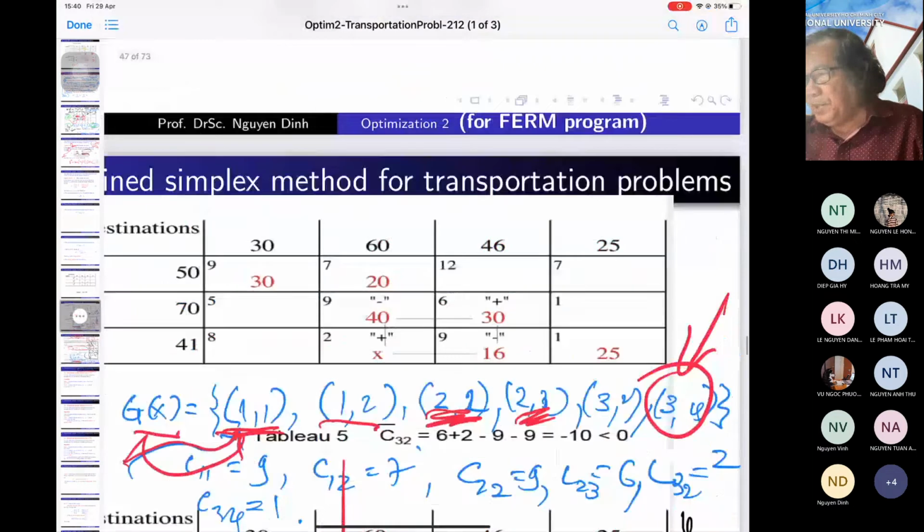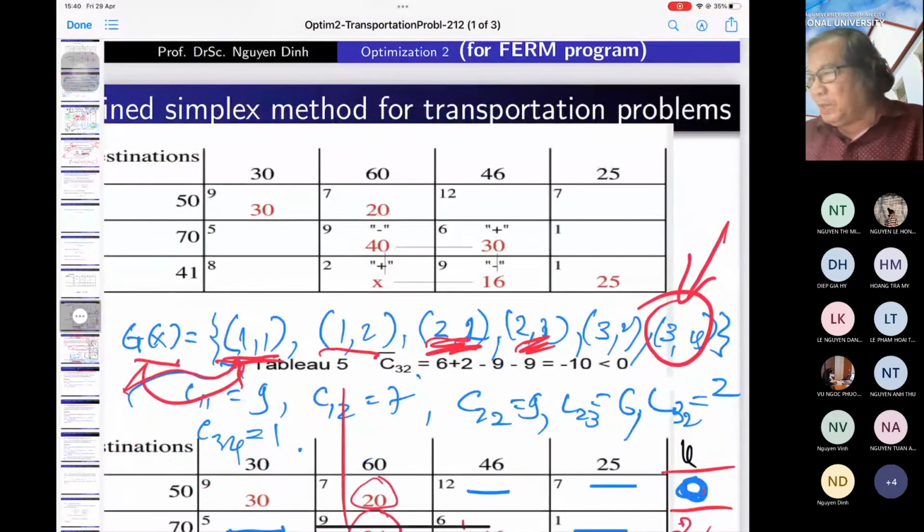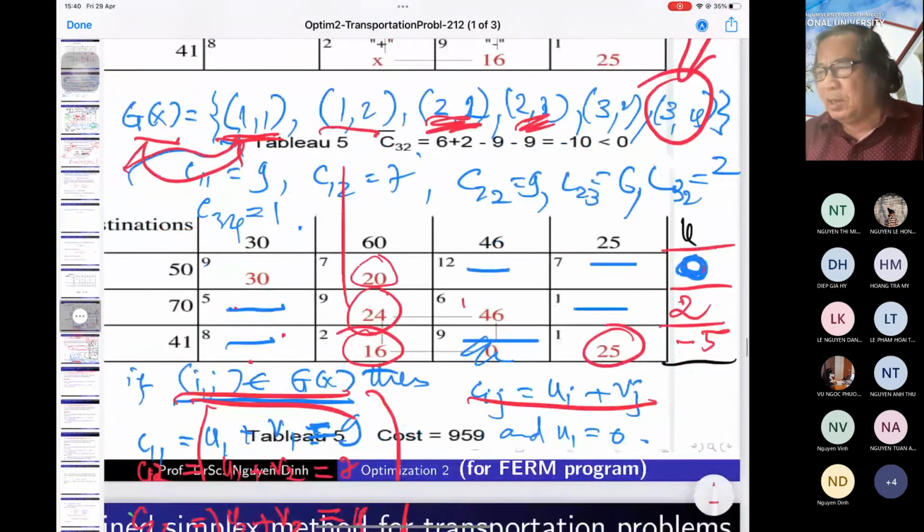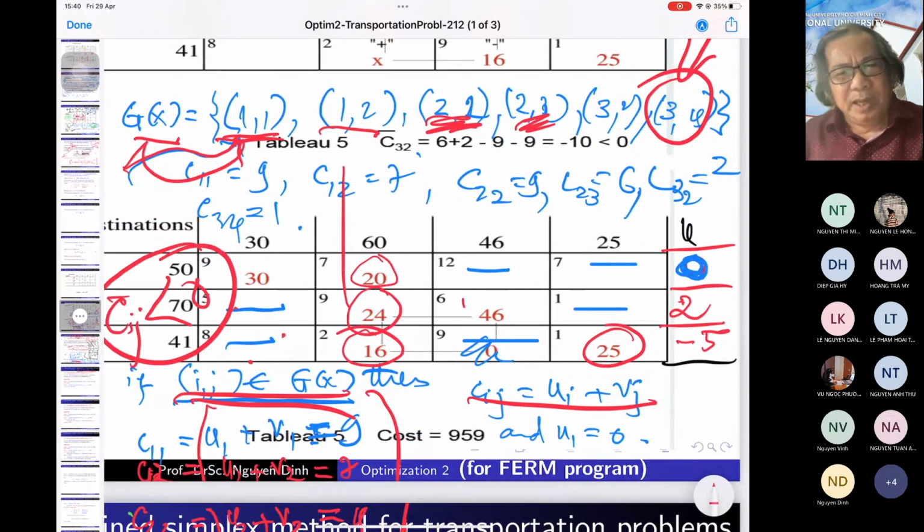The algorithm is this. You find C bar Ij, and you find a C bar Ij that is negative. Is that okay? Negative, you make this Ij the entering variable. Make a cycle, and then you find theta star, and theta star is xuv, and uv is the leaving variable. And then you have the new table. That's all. So one iteration is this.